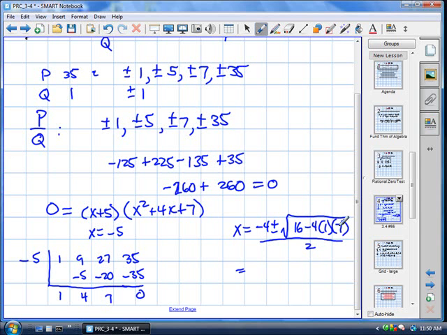What happens in there? We have 16 minus 28, which is -12. So we have -4 plus or minus the square root of -12 over 2. Of course, that's going to be imaginary, but that's okay.